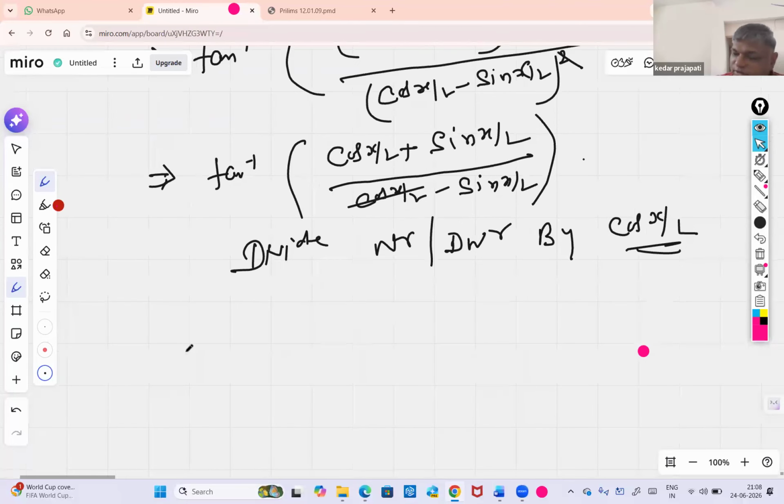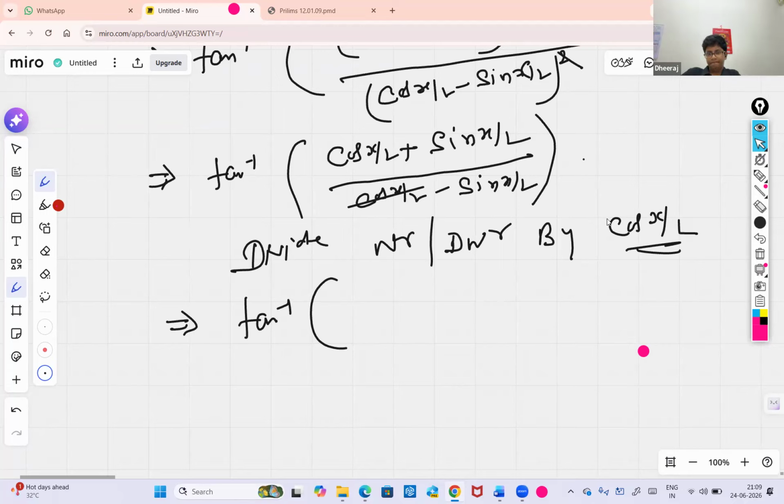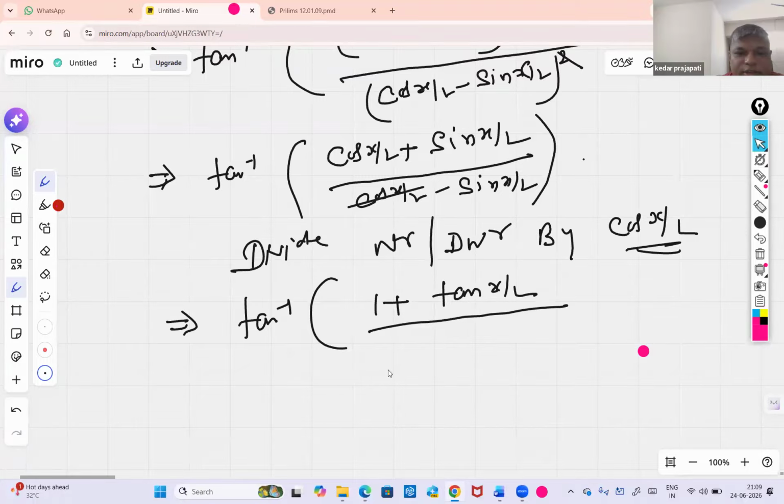So this will become tan inverse of (cos x by 2 divided by cos x by 2, so this will be 1, plus sin x by 2 by cos x by 2, which is tan x by 2) divided by (1 minus tan x by 2).